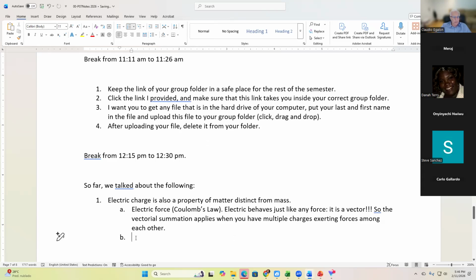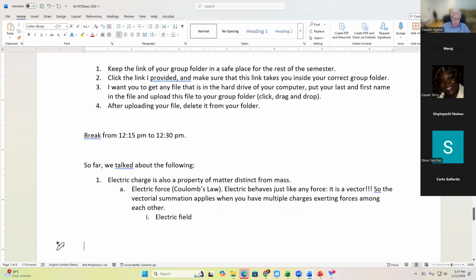And then what's next in line? After the electric force, we have what we call an electric field. Let's repeat. What's the progression here?